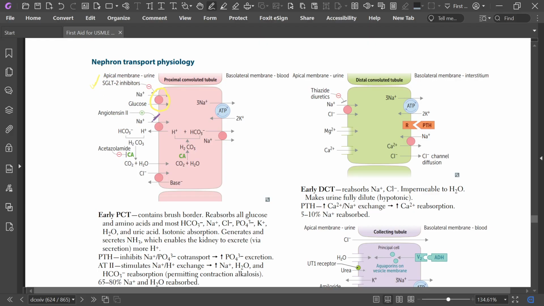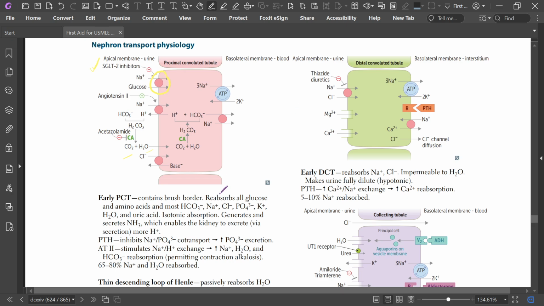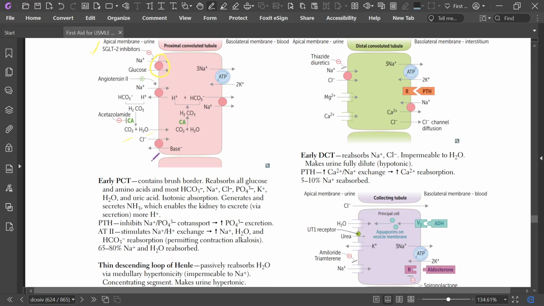There is another channel, the sodium hydrogen counter-transport pump, where sodium enters the PCT and is reabsorbed, and hydrogen gets out. This hydrogen binds with bicarbonate, forming carbonic acid, which dissociates into carbon dioxide and water, and this water is again reabsorbed in the PCT. Chloride is also reabsorbed here.